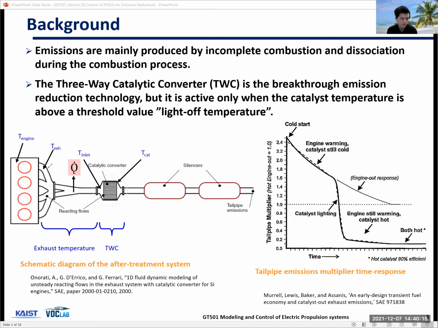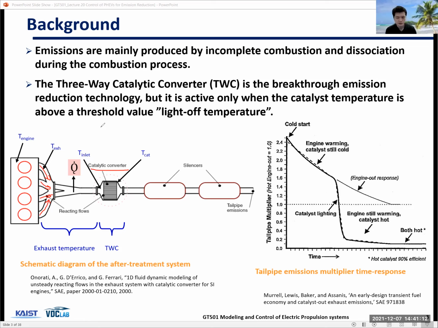Right out of the engine, we have this exhaust gas pipe, and exhaust gas flows out of the cylinder and into this exhaust pipe, and that goes through this catalytic converter, which converts harmful emissions into unharmful emissions, such as CO2, H2O, and nitrogen.